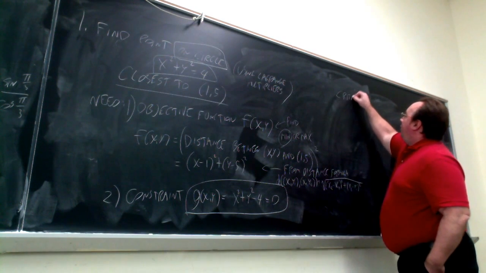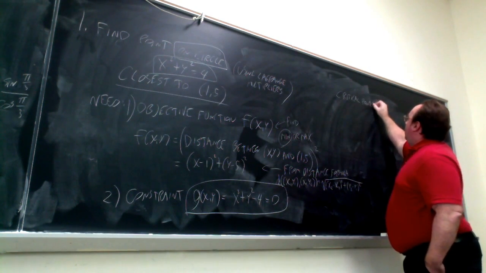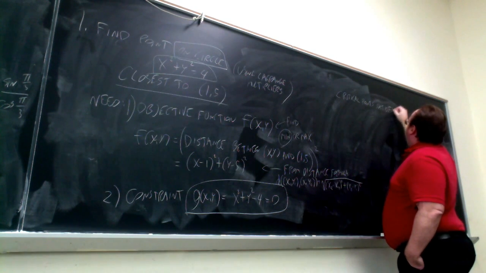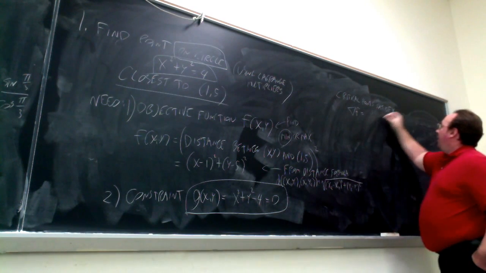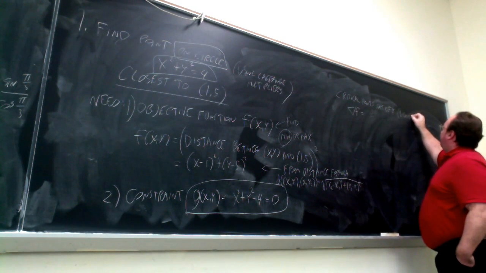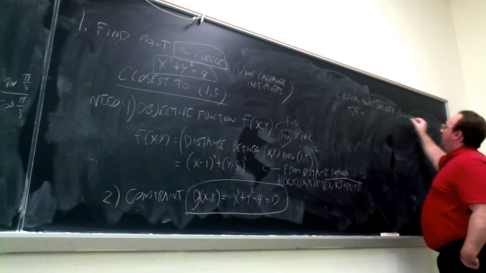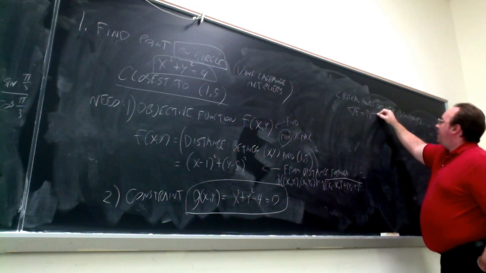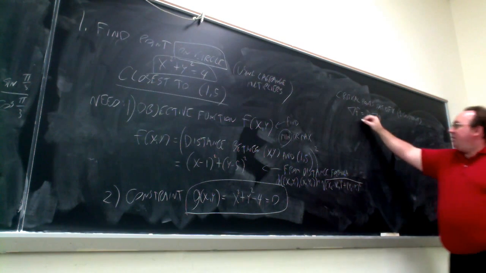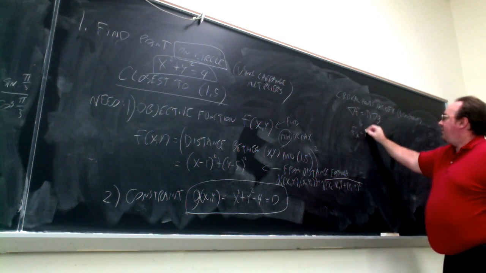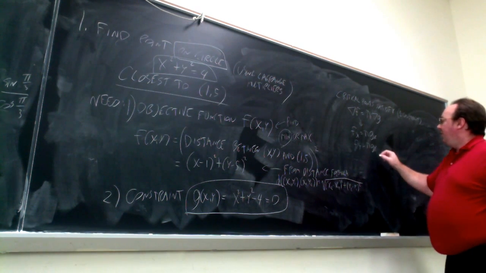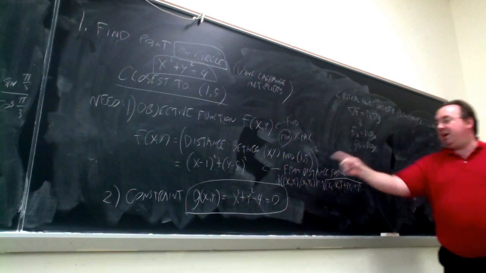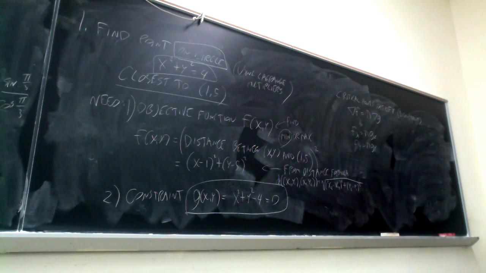So now your critical points satisfy this equation: the gradient of f is equal to lambda times the gradient of g, in the case of one constraint, which is what we have in this problem. This can be written as f_x equals lambda g_x, f_y equals lambda g_y. So you have these two equations to solve, and you also have a constraint equation that has to be taken into account. So that's what applies in this problem.